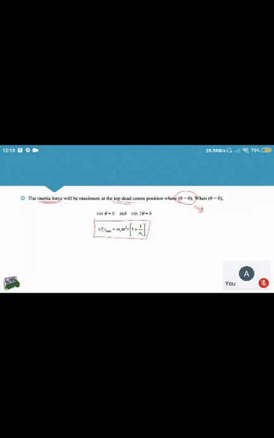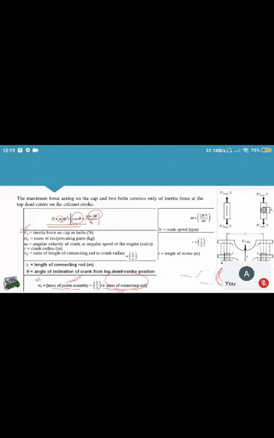This way, when you substitute all the parameters, you are able to find the maximum inertia force, Pi.